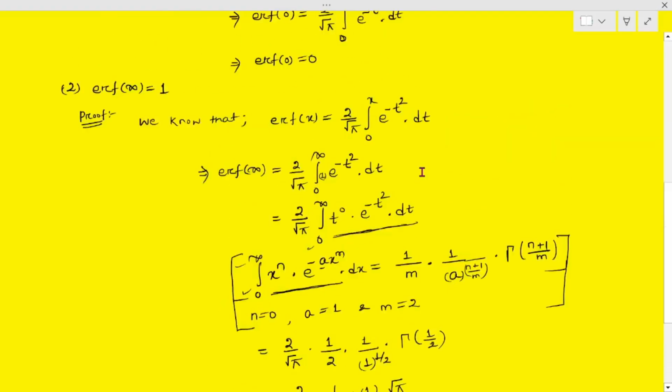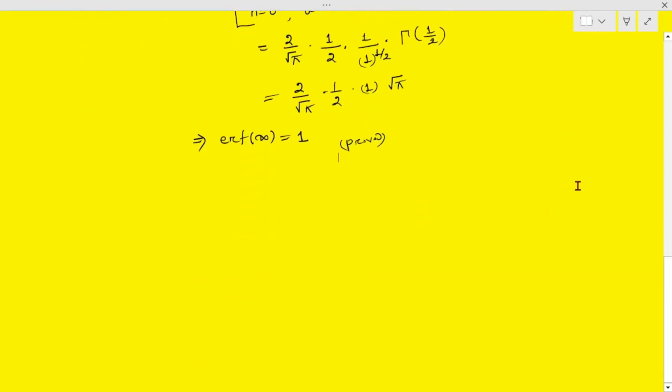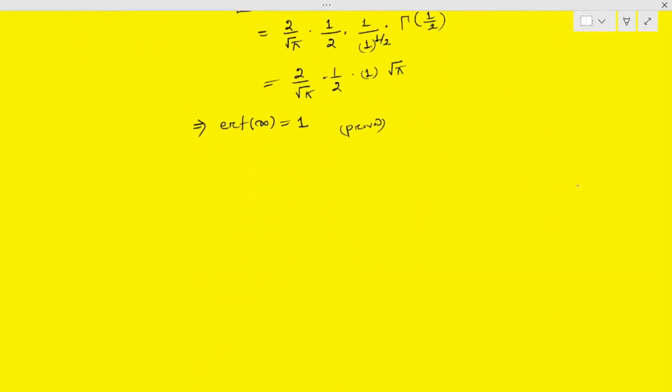Now we are going to move to the third characteristic. The third characteristic is that the error function is an odd function. We have to prove that the error function is an odd function.